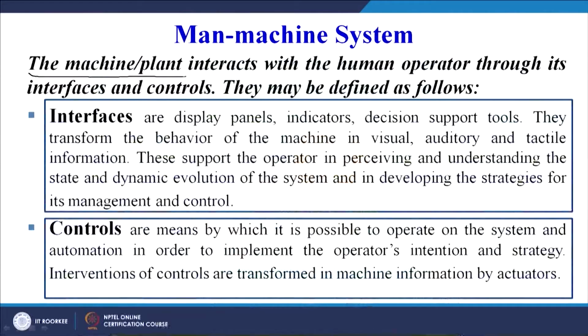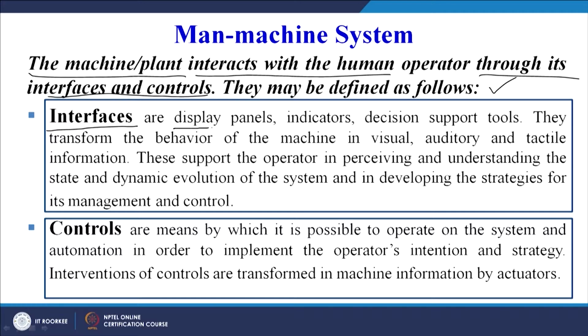So let us see now what are the interfaces and controls, or what are the scientific definitions for these two words. So the machine or the plant interacts with the human through its interfaces and controls. Now what are the interfaces and controls that we will try to understand. Now what are interfaces?